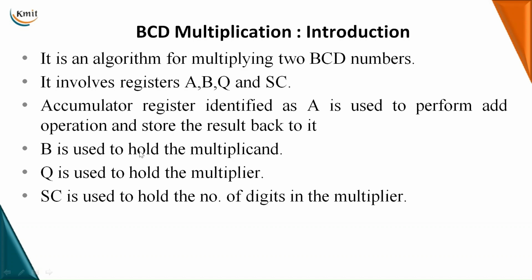The B register is used to hold the multiplicand, and the Q register is used to hold the multiplier. The sequence counter is used to hold the number of digits of the multiplier, so the number of digits of the multiplier is initialized to the sequence counter.